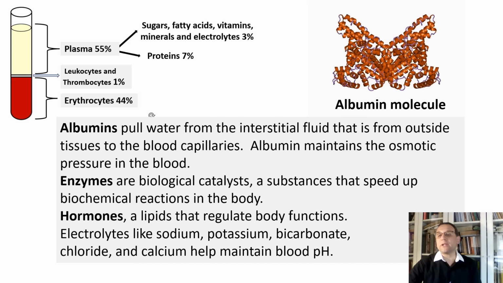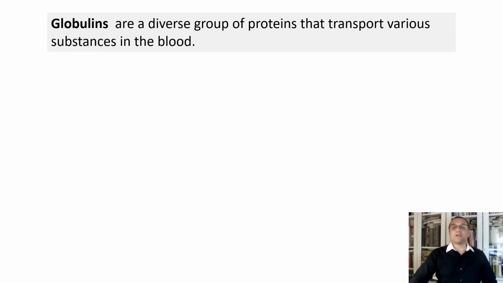Electrolytes like sodium, potassium, bicarbonate, chloride, and calcium help maintain blood pH. As you perhaps remember from previous lectures, electrolytes are substances that have a positive or negative charge when dissolved in water. I almost forgot to mention globulins, a diverse group of proteins in plasma that transport various substances. I discussed them a couple of times in the previous lectures. When this protein is attached to lipid fat molecules, it creates a complex called lipoprotein.